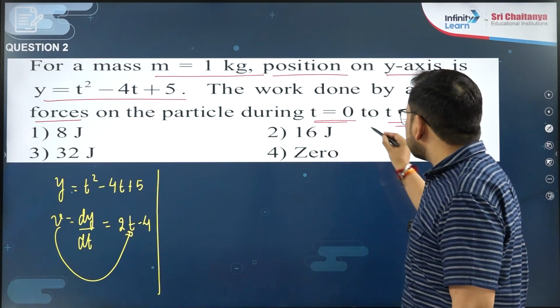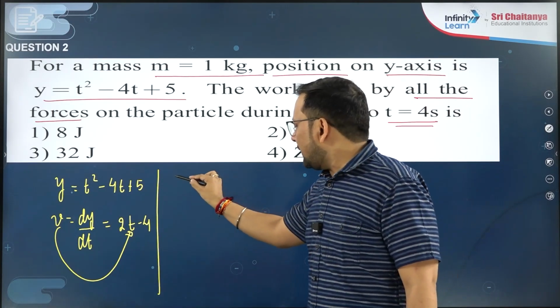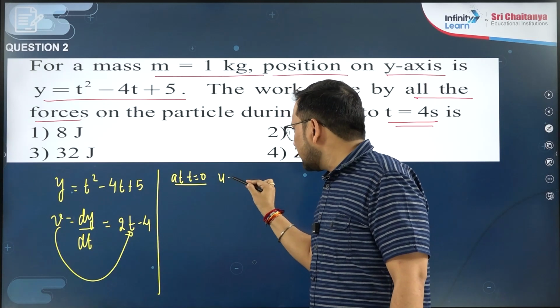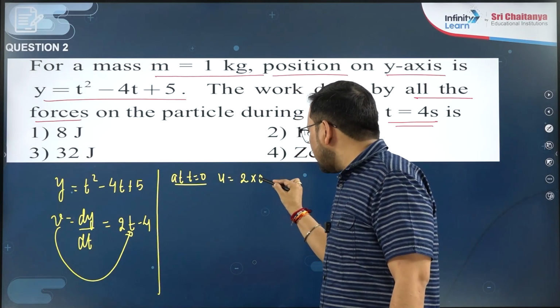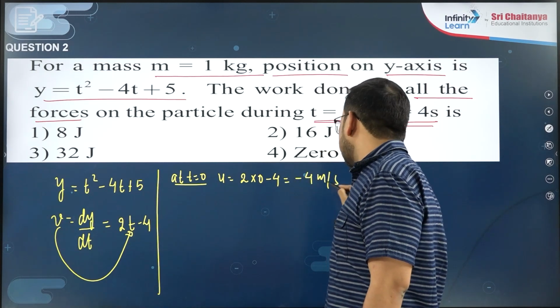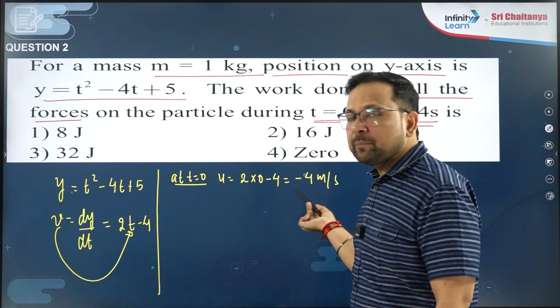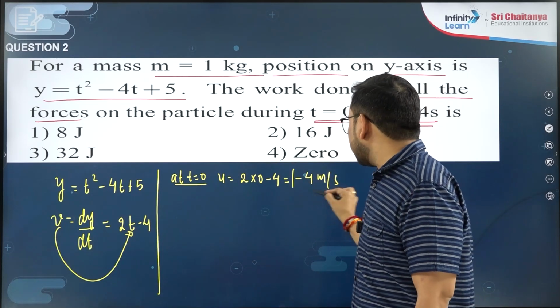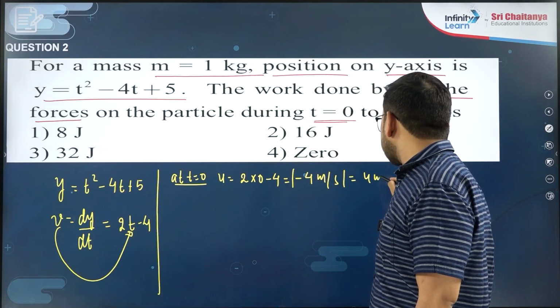So our initial time here is 0. At t equal to 0, what speed do you have? 2 into 0 minus 4, minus 4 meter per second. Obviously it will be 4 because I am talking about speed, so I will take the magnitude. The magnitude will be 4 meter per second.